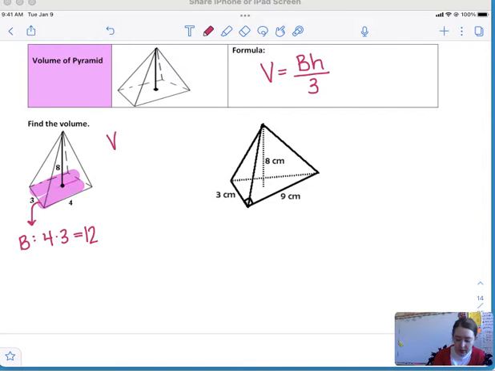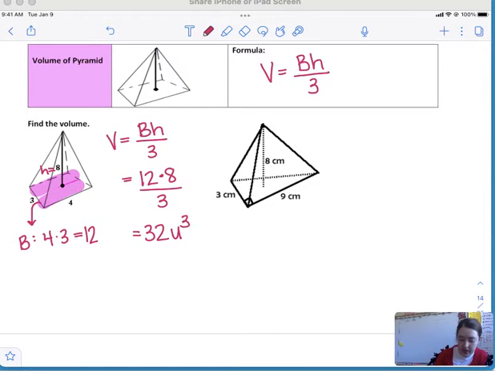So our volume is going to be area of the base times the height divided by 3. 12 was our base, times 8 right here is our height since it goes from the apex down to the base. And we'll take that whole thing and divide by 3. So 12 times 8 divided by 3 is going to give us 32. That'll be units cubed, just like all of our other volumes.